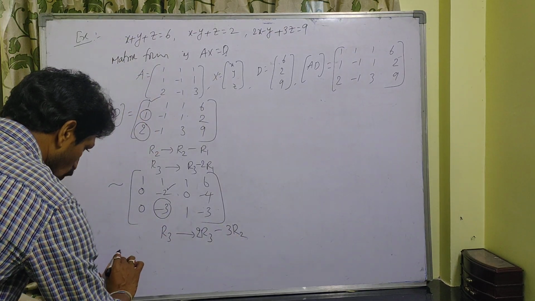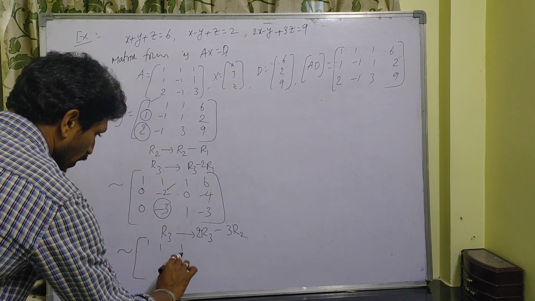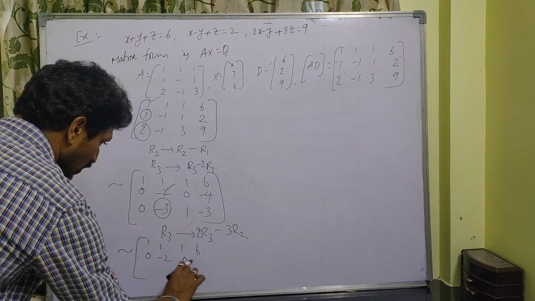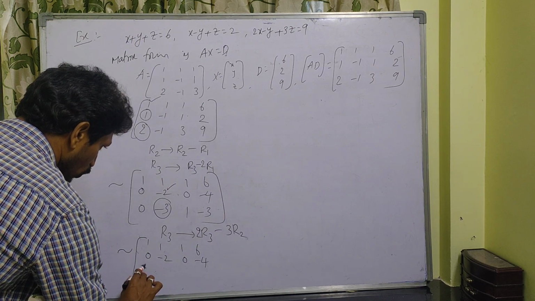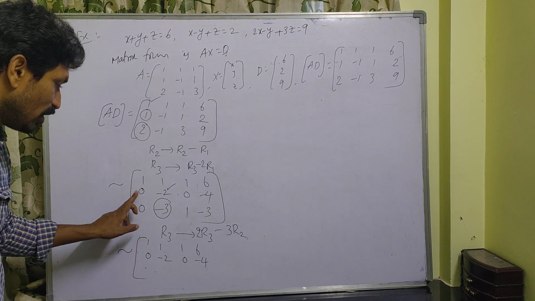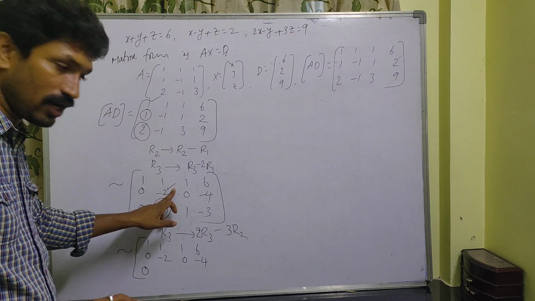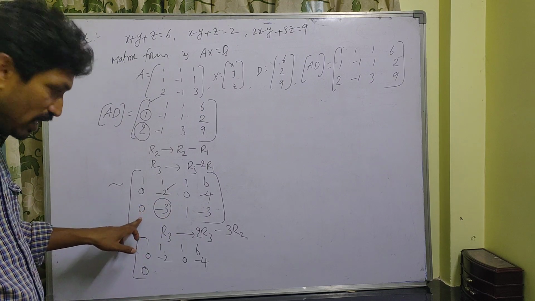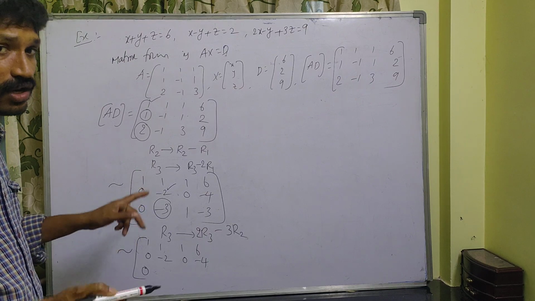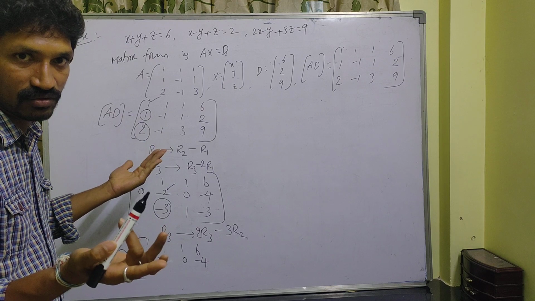Now this is equivalent to the following. The first row is not going to change, write as it is. The second row also is not going to change. Now the third row becomes 2 into R3 minus 3 into R2: 0 minus 0, which is 0. Because you are using the second row, it is again 0 only. If you use the first row, it will be a non-zero number, so our first step will be wasted.